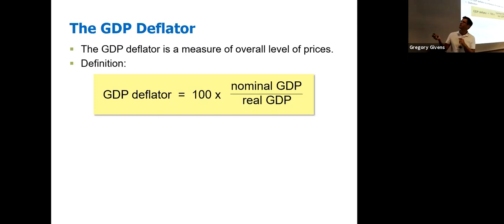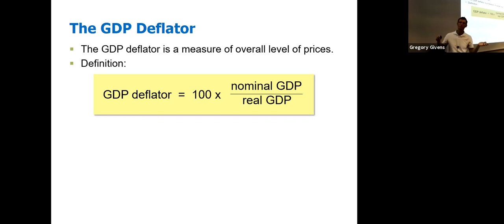What's the difference between nominal and real GDP? Just the prices, right? The quantities are actually the same. What's nominal GDP? It's current prices times current quantities. P times Q, let's say. What is real GDP? It's base year prices times current quantity.